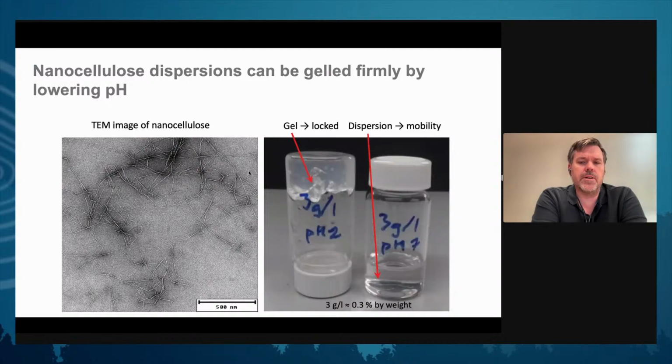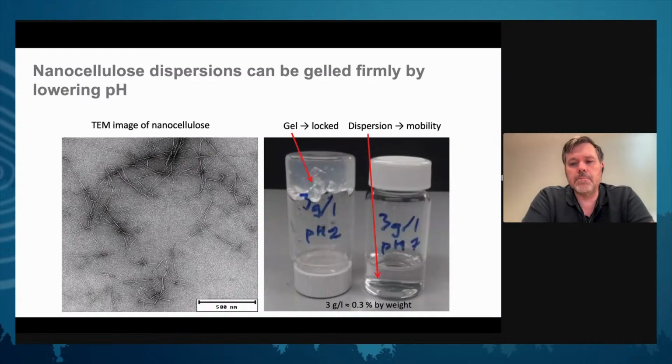The interesting part that we have been using a lot is that these systems are switchable. If you have a charged cellulose nanofiber, which is in the right photograph, we have 3 grams per liter, so 0.3% cellulose nanofibers in water.